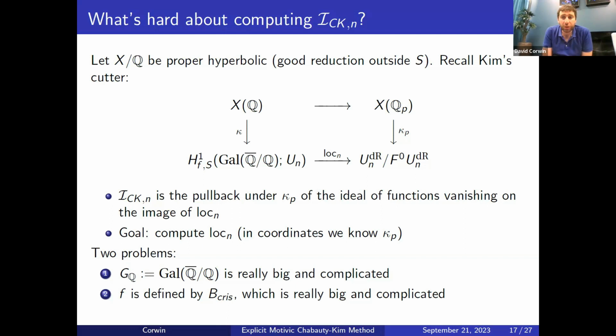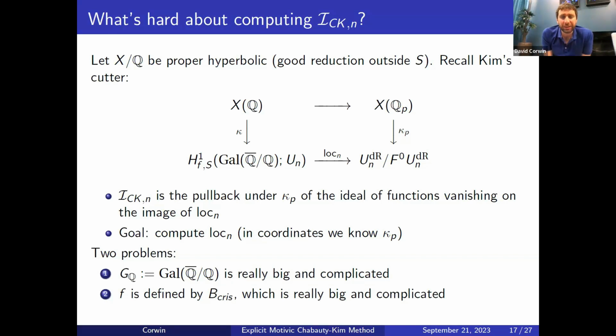Okay, well, let's go back to Kim's diagram, or Kim's cutter, as I understand you've seen. So let's not worry about affine curves. Let's just say it's a proper curve for simplicity. And let's look at X(Q) inside.